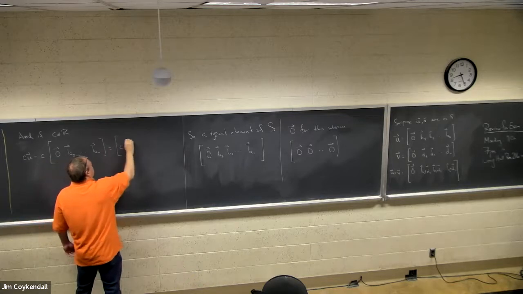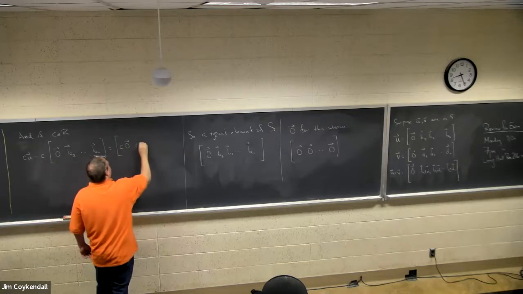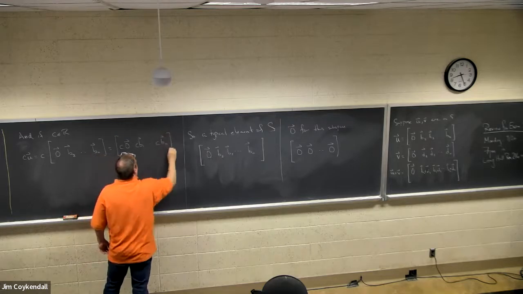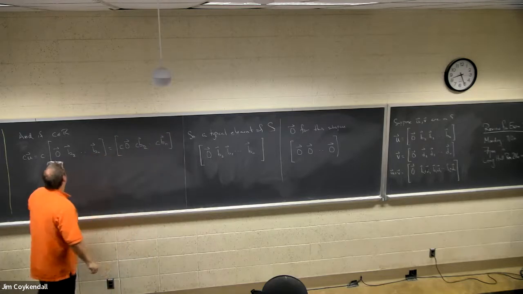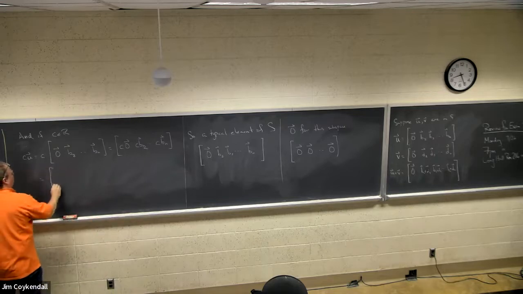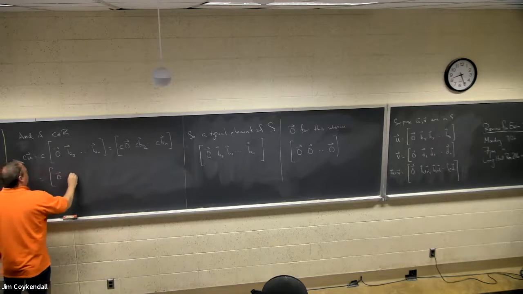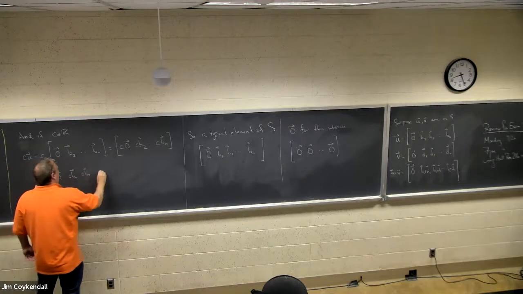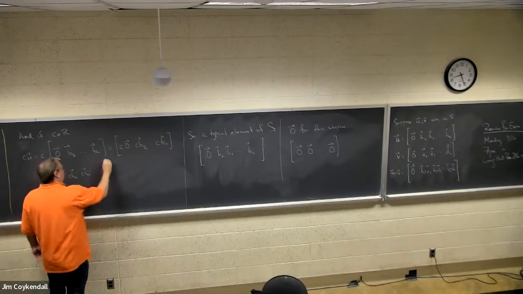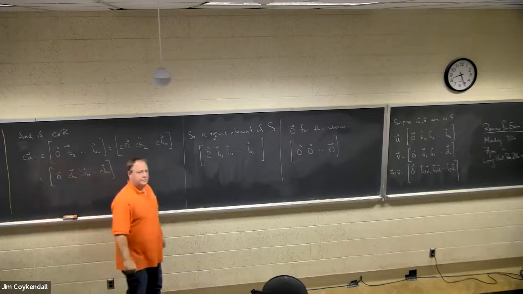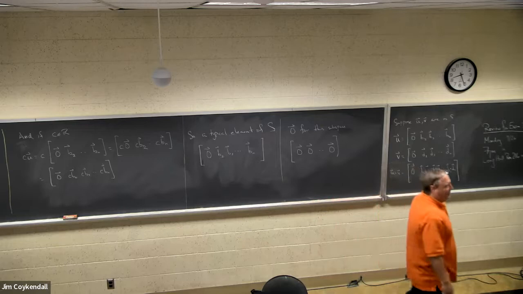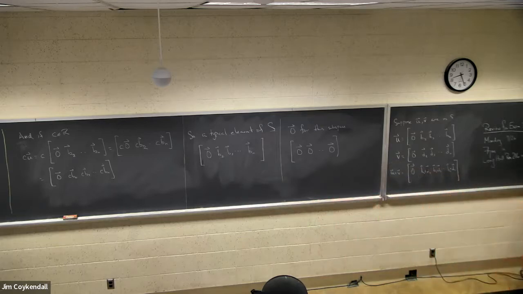The first column is C times the zero vector, which is the zero vector, then C V2, C V3, up to C Vn. So when I multiply by a number, I've still got leftmost column 0. So this is a subspace.